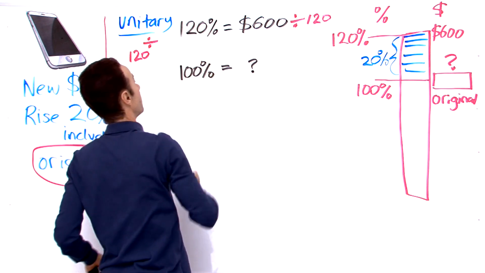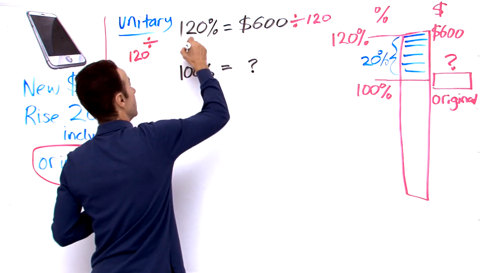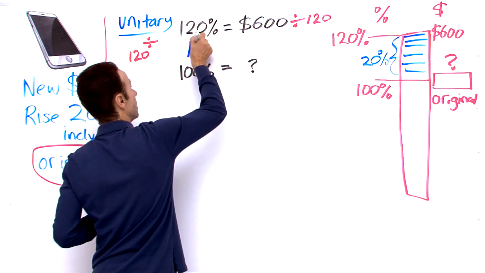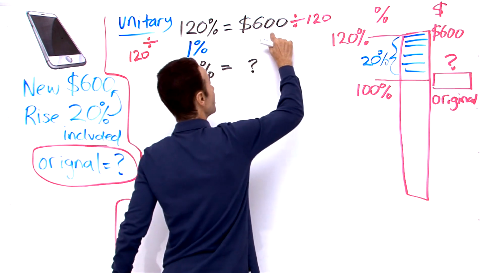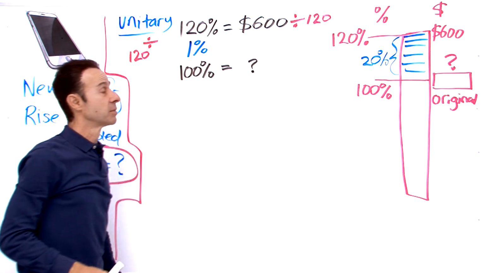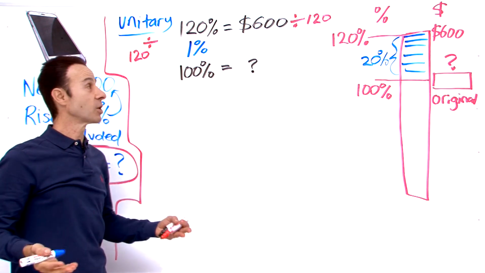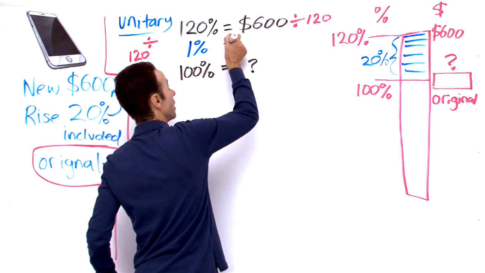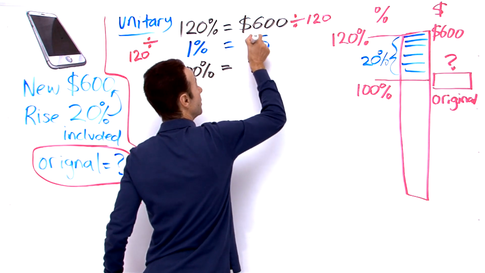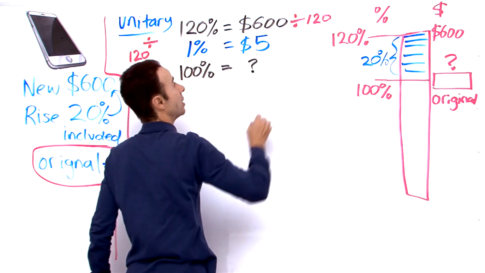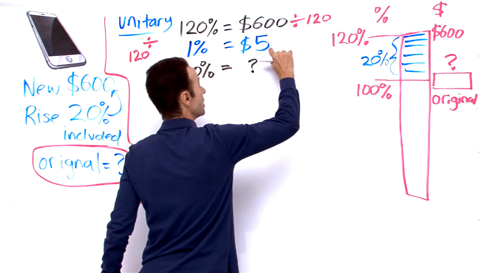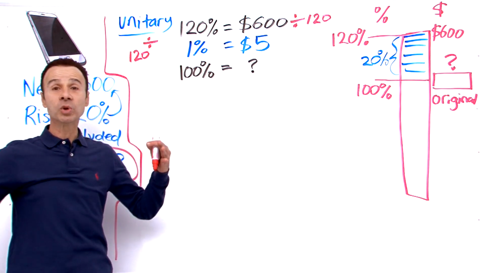So 120 divided by 120 is 1%. And if I divide 600 by 120, that's like 12 into 60. How many times does that go in there? It goes in 5 times. So it's $5. $600 divided by 120 is $5. So now we know what 1% is.